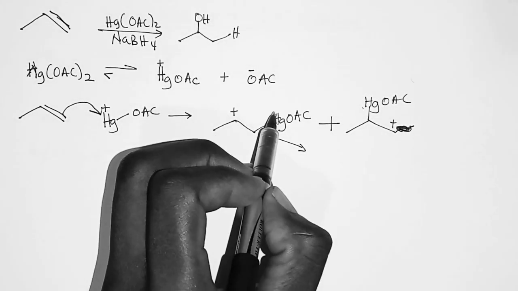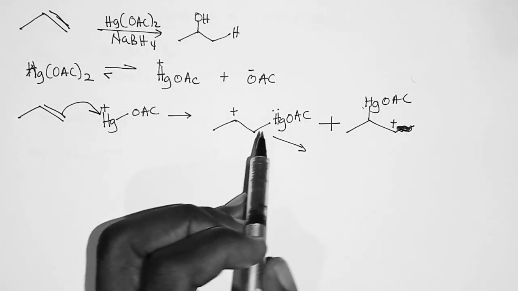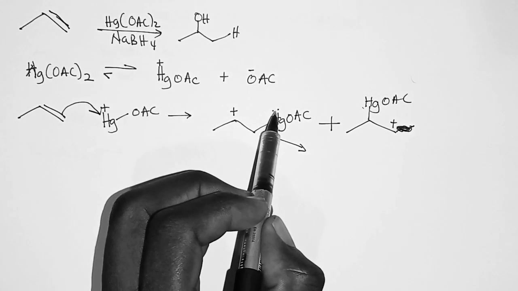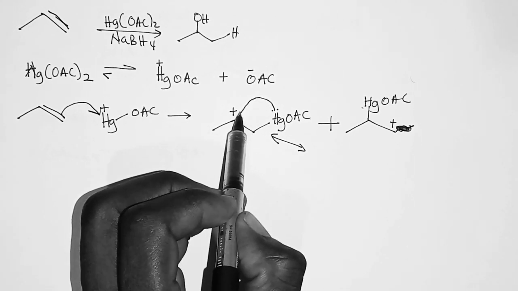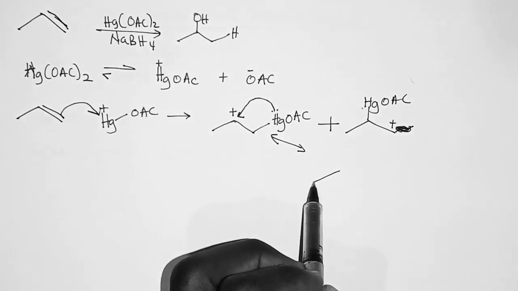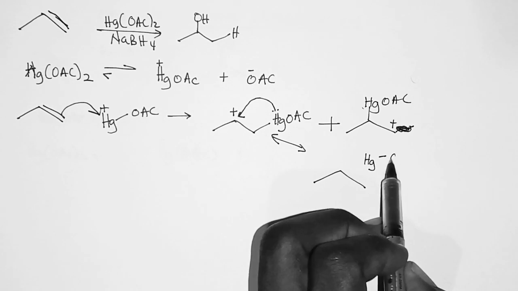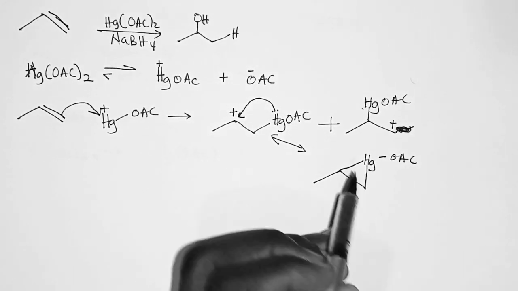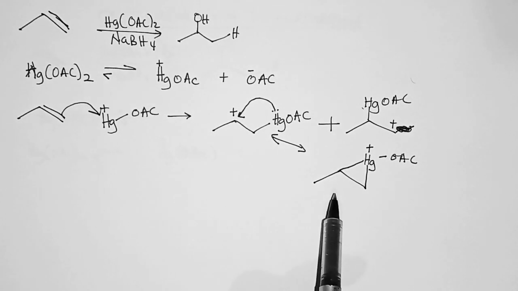From here, this mercury has lone pairs of electrons on it. So what will happen is that this intermediate is in resonance with this other intermediate, which is it will donate its electrons to this electrophilic center to form the cyclic mercuric acetate. And therefore, the positive charge moves to the mercury.